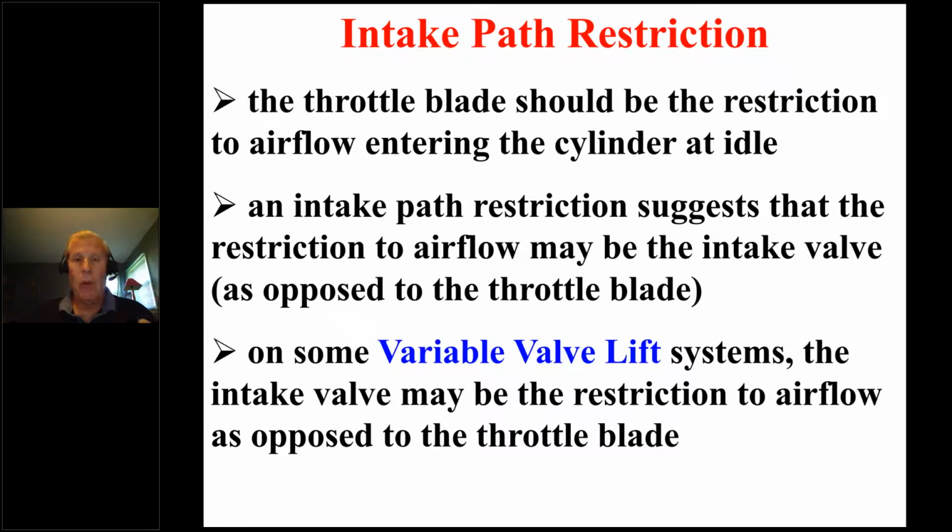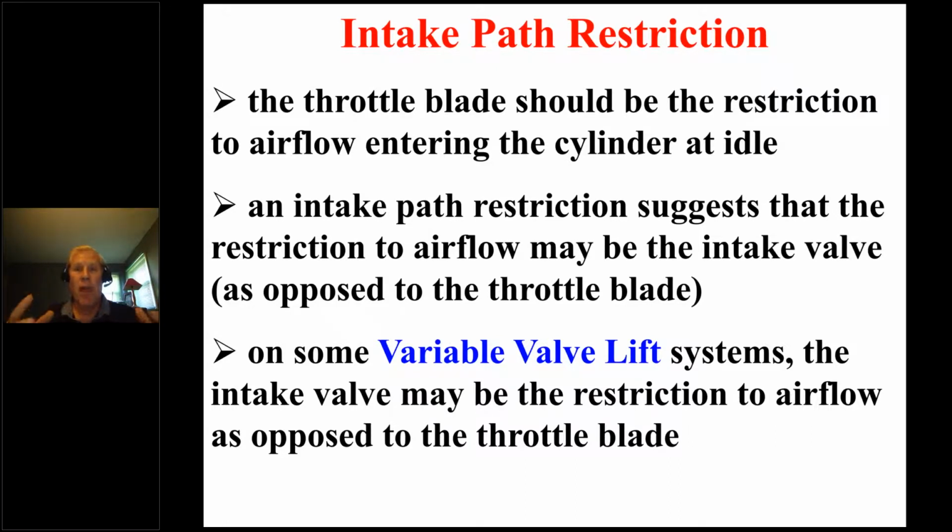So the next one I want to talk about is an intake path restriction. And these are not as common, but these can be tricky, which is why I've kind of included it. So normally, if you think about a running engine at idle, the restriction to airflow is supposed to be the throttle blade.